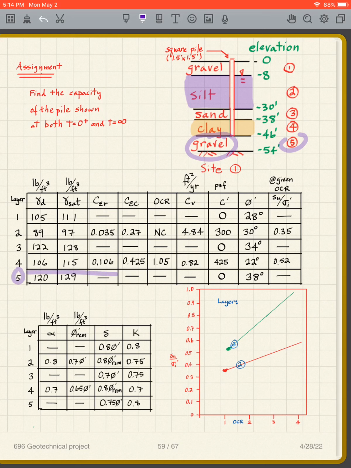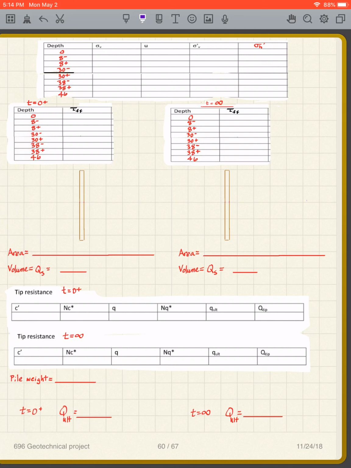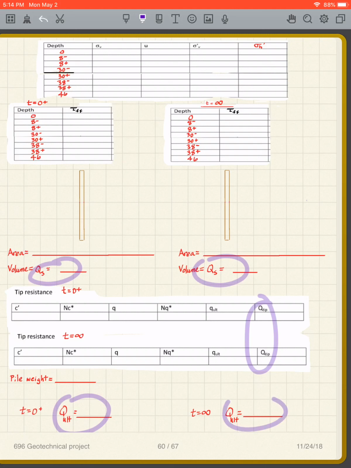So you're going to be using these properties down here to get that. Then we get our Q tip, we add the Q tip and the Q side, and we get the Q ultimates down here.